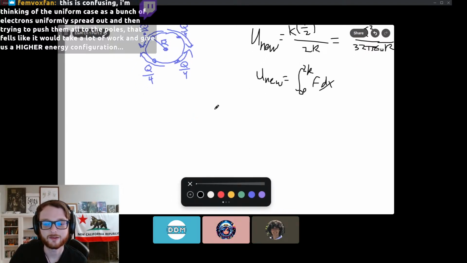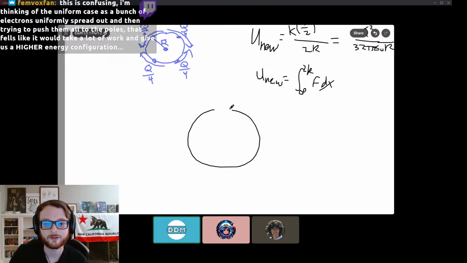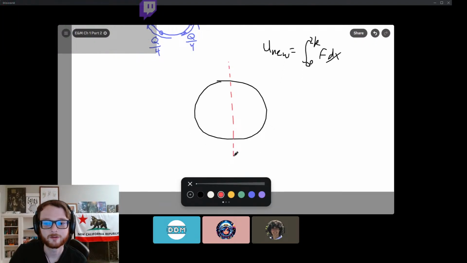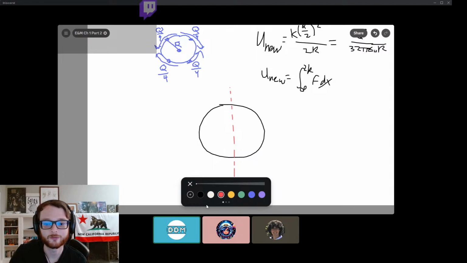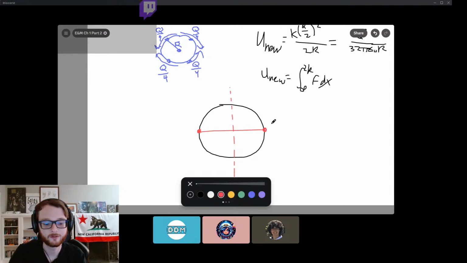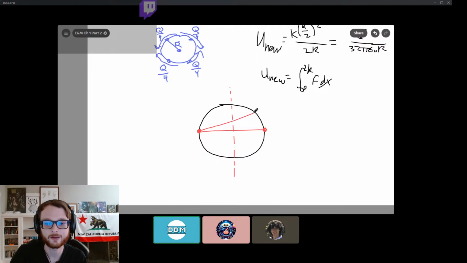Right. If I take this sphere and I cut it in half, to symbolize what you said with the two things, if this is our favorite charge here, what we have in the new case is just this longest possible distance on the opposite end. But with the actual sphere, we have a smaller distance diagonally there, smaller distance diagonally there.